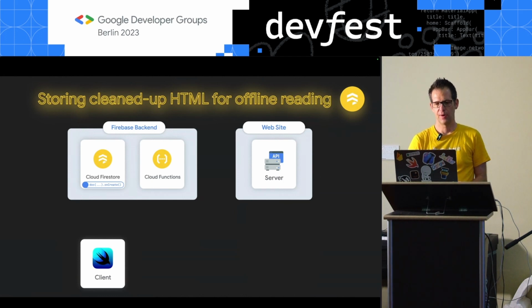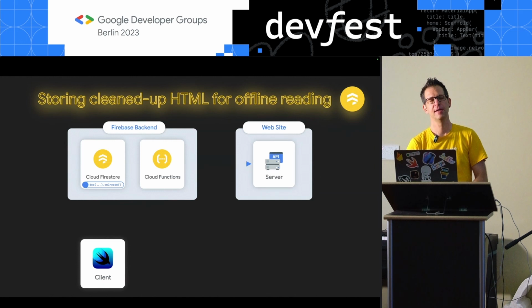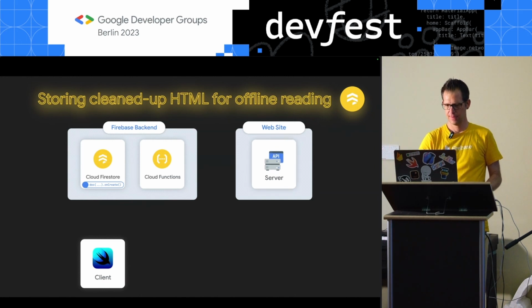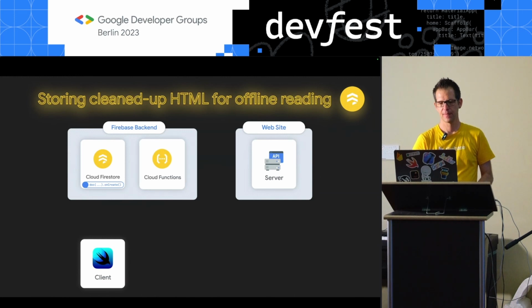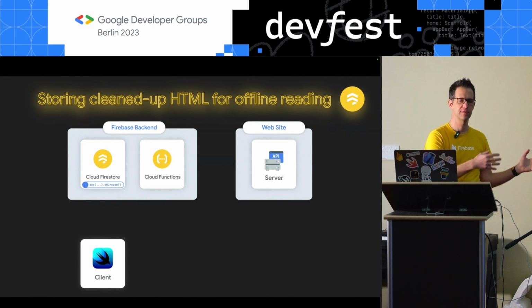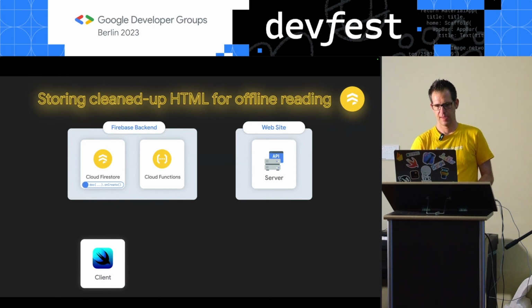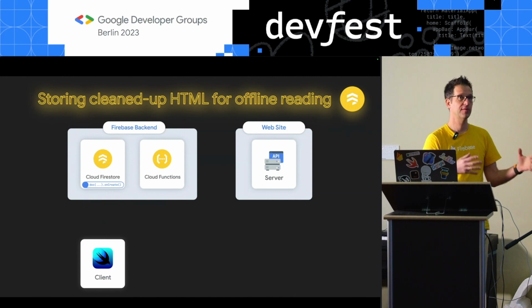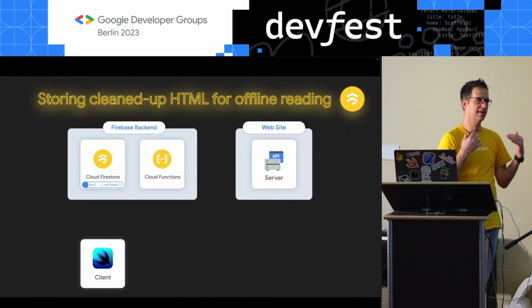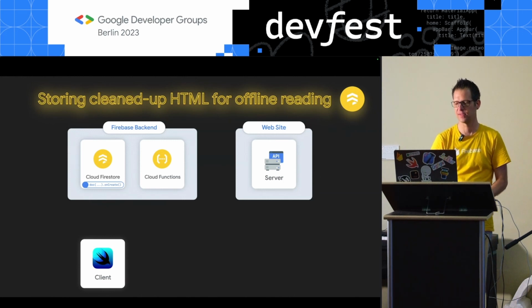That triggers an onCreate function, and that function will then go off to the website and download the URL and the text that's behind it, get it back, simplify it, get the metadata, and store all of this information back into Firestore. And because Firestore is real-time capable, the client will get an update almost instantaneously.